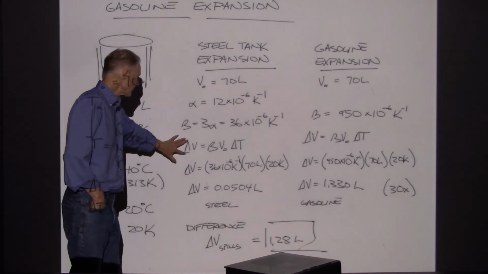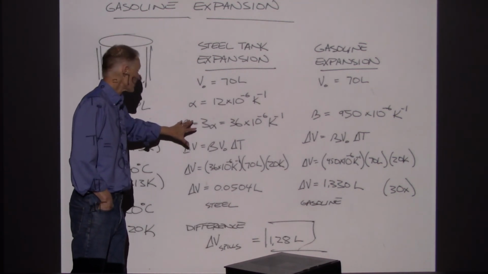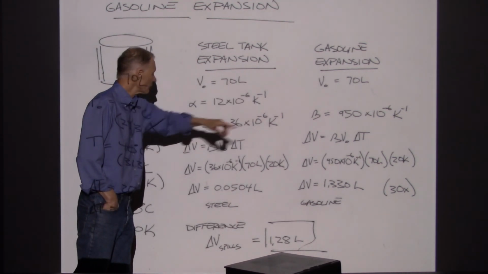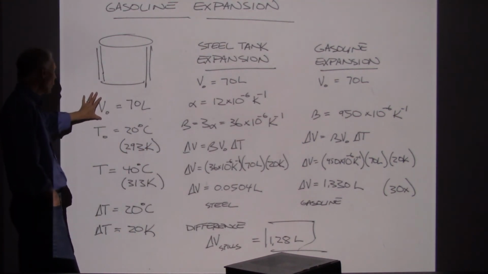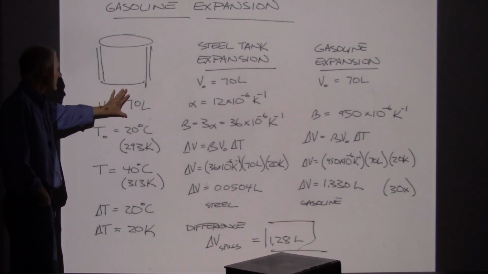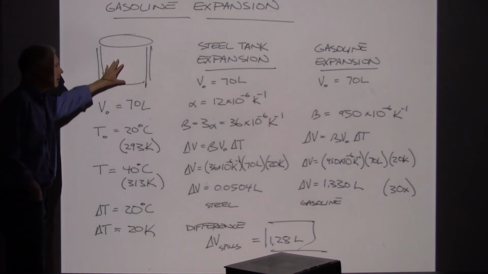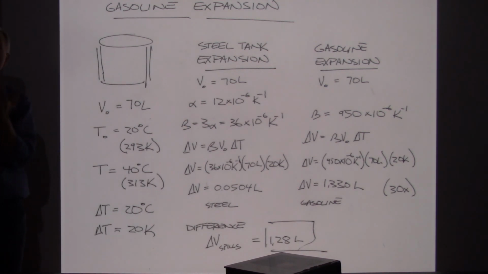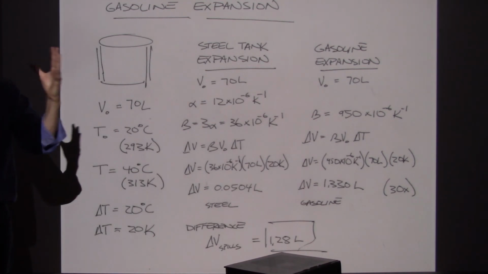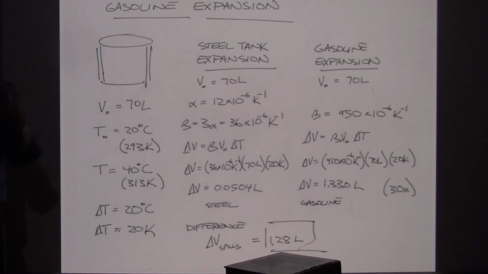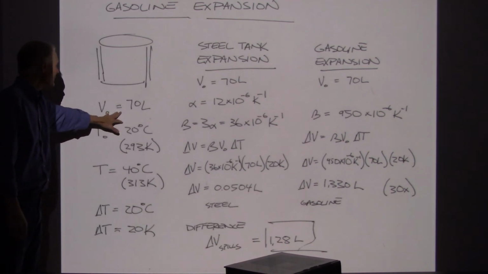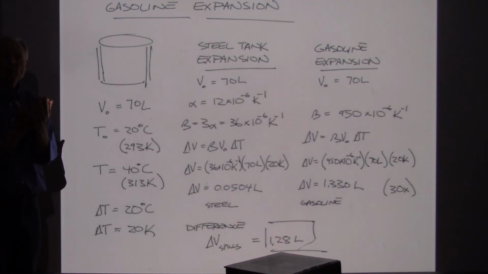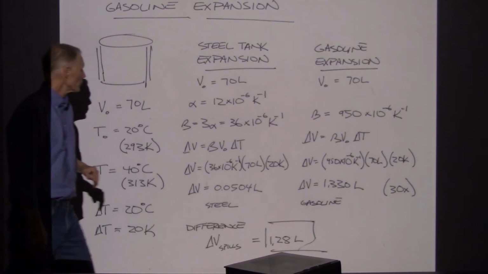So here's the formula for the steel, and then for the gasoline, we're using the same formula. Both V naughts are 70 liters. Now for the steel, what that's keeping track of is the volume inside the tank. But remember, as the temperature goes up, the entire tank is going to get bigger. So I can use the expansion of steel to represent how the empty volume within the steel tank increases.